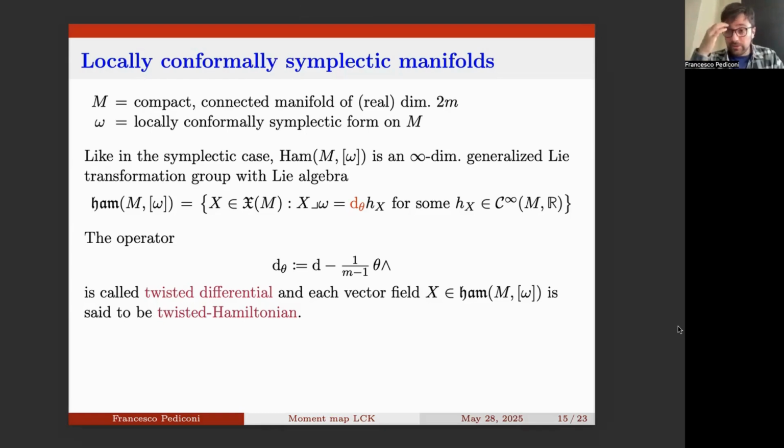Whenever a vector field verifies these conditions, we say that the vector field is twisted Hamiltonian, and this is the set that we are going to focus on.